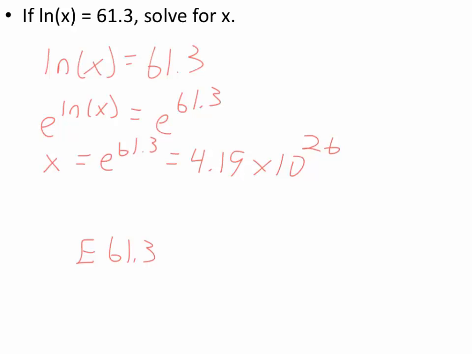Because remember, we should have some number there, so maybe 7, and then e, and then it should be just a 61. The calculator doesn't know what to do with this 0.3 bit there. Right? Because it's not actually taking 7 times 10 raised to the 61.3. So be very careful that you're using the lowercase e and not the uppercase e on your calculator.